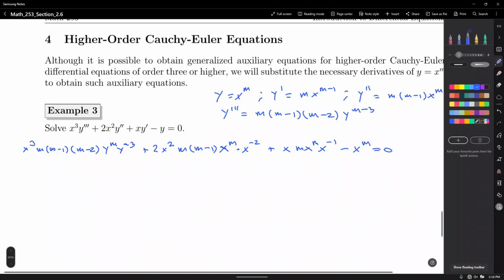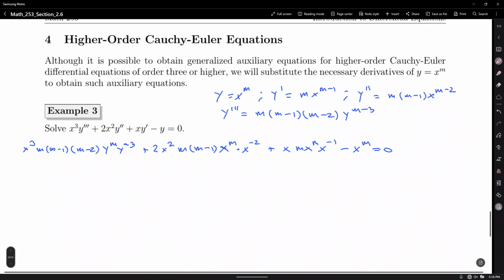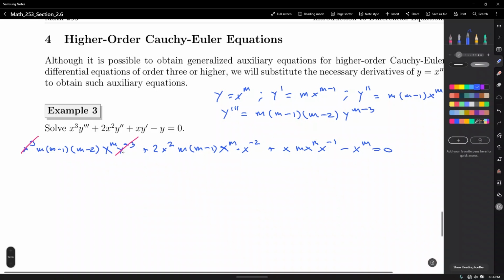The reason I used laws of exponents on the x to the m minus a number is so I can eliminate the x's here. Wait, this is supposed to be x right here, not y. Okay. Also cancel, cancel, cancel, cancel, and that's about it.